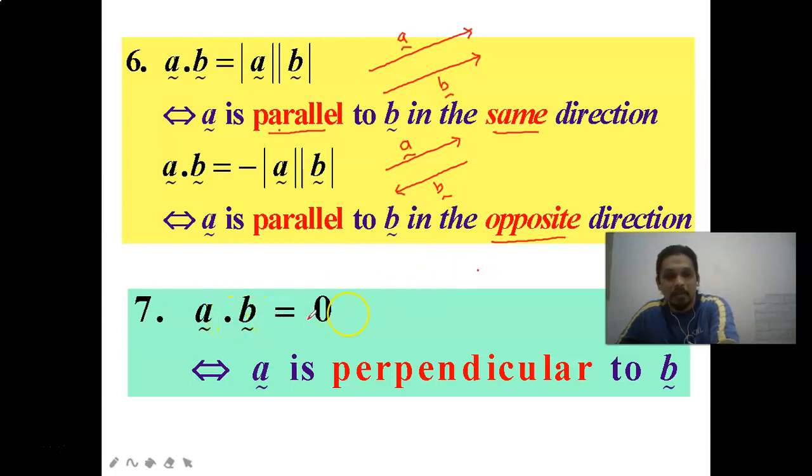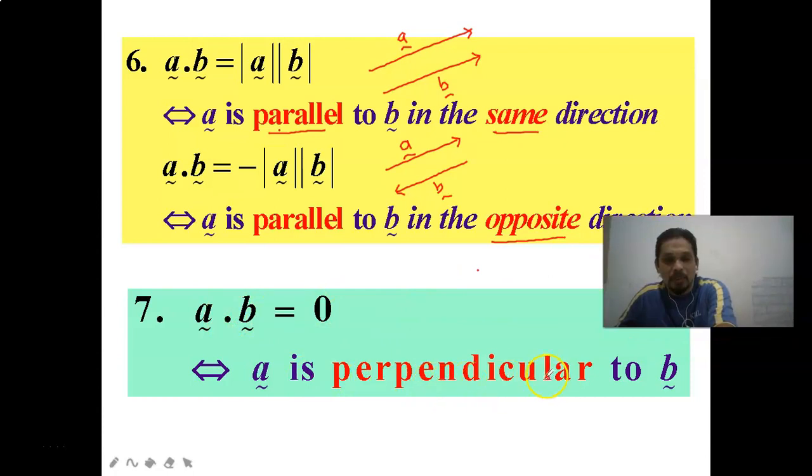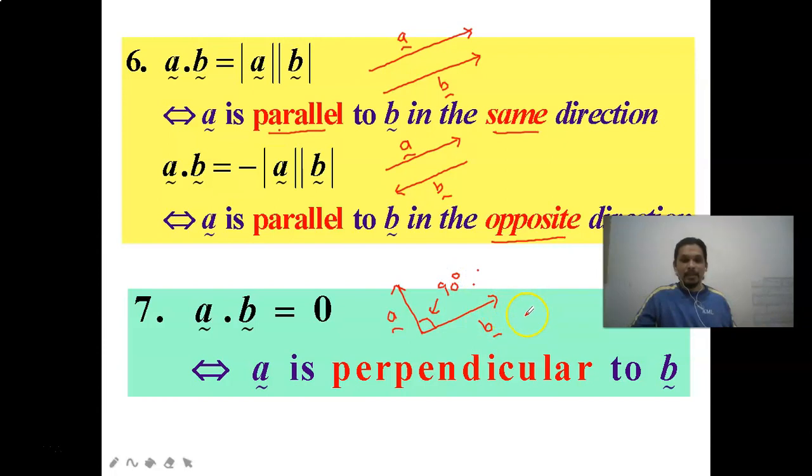A dot B equals 0 if A is perpendicular to B. Perpendicular means that the angle formed between the vectors A and B is 90 degrees. So A dot B equals modulus of A multiplied by modulus of B times cos 90 degrees.